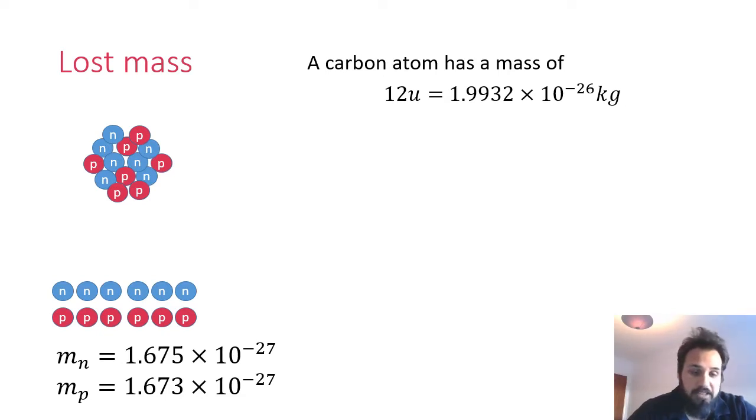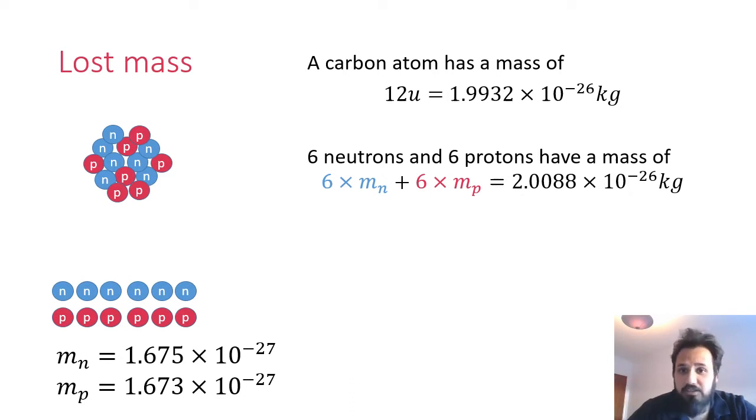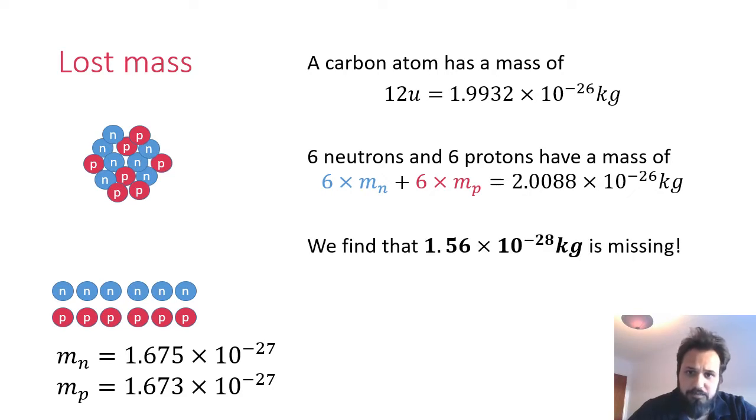We also know the mass of a neutron and the mass of a proton. So with 6 neutrons and 6 protons in the middle of the carbon atom, remember the electrons are really tiny, so we can ignore them for now. We can say that 6 times the mass of the neutron plus 6 times the mass of the proton is 2.0088 times 10 to the minus 26 kilograms, a different number from the value that we had with 12 u.